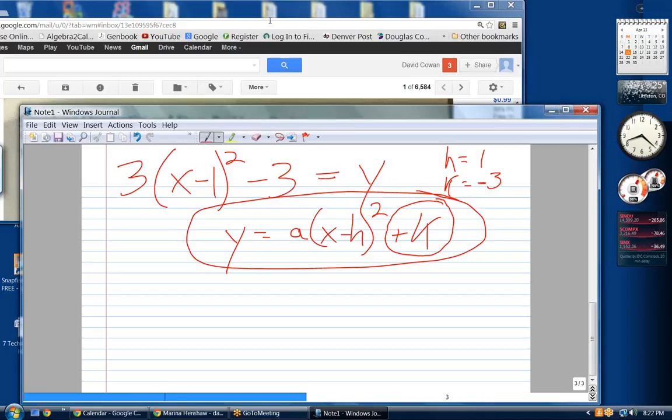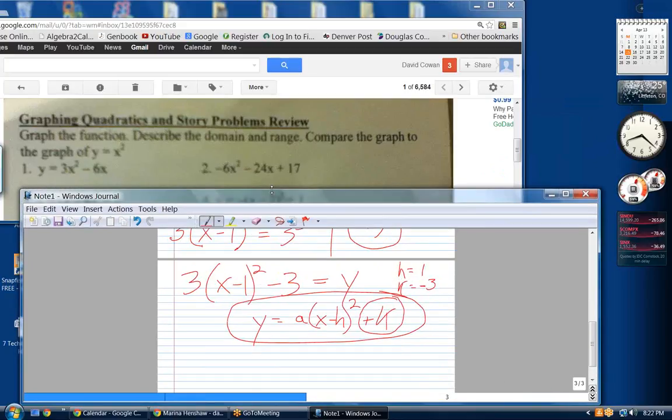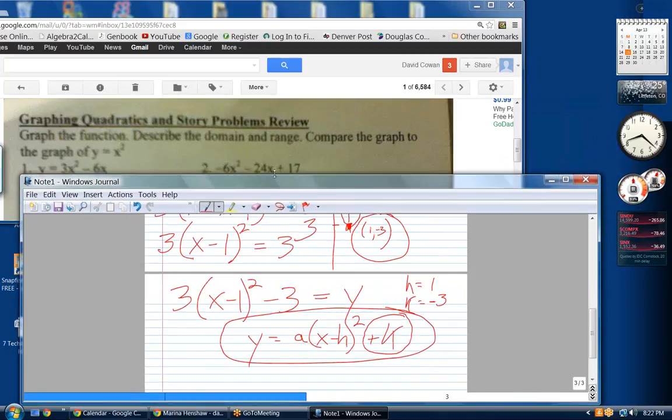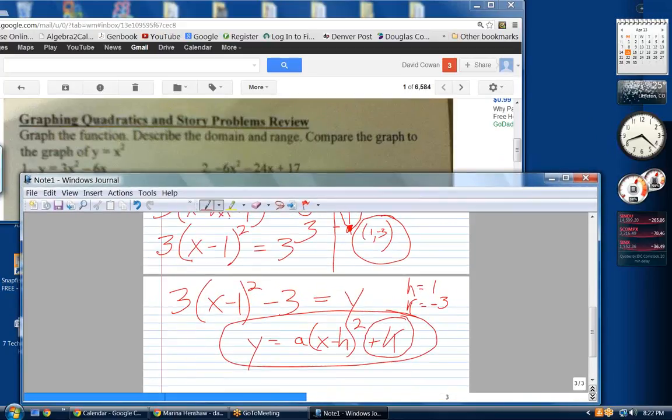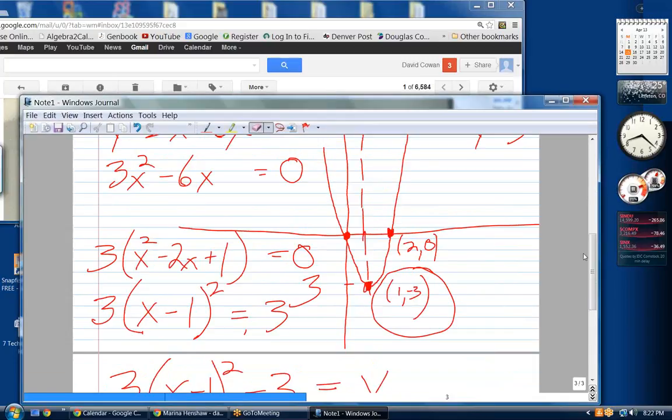All right, so let's see, one other thing they wanted here was describe the domain and range. So if we look at this part of it, the very last line here, tell me what the domain is.